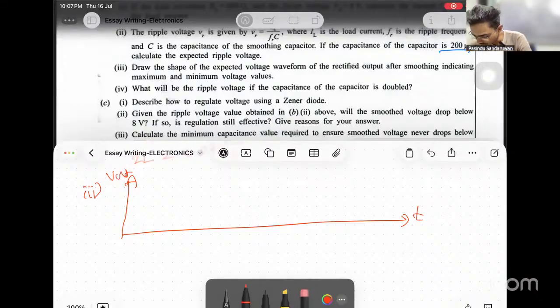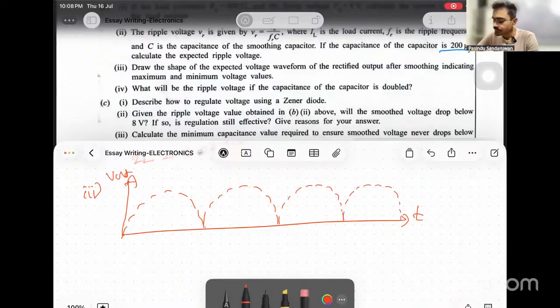Now our initial shape was this, no? To show you the exact correct shape, if I get the guidelines from here, peak voltage is 14, no?